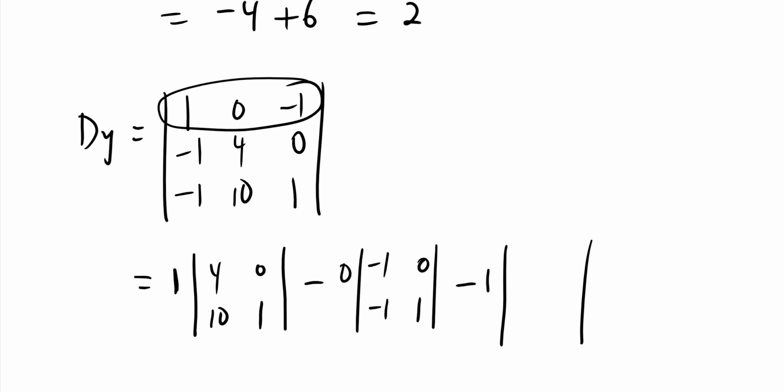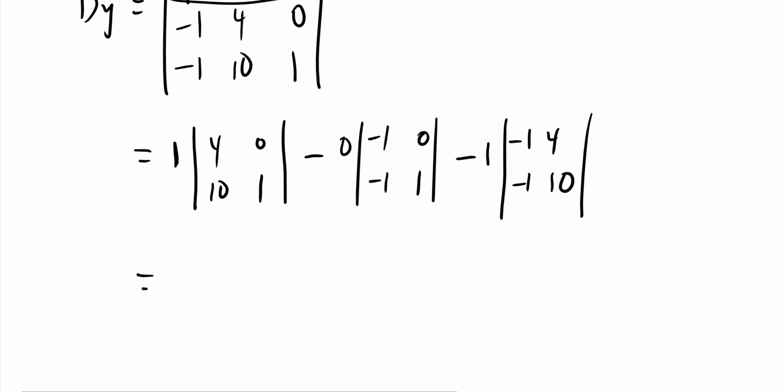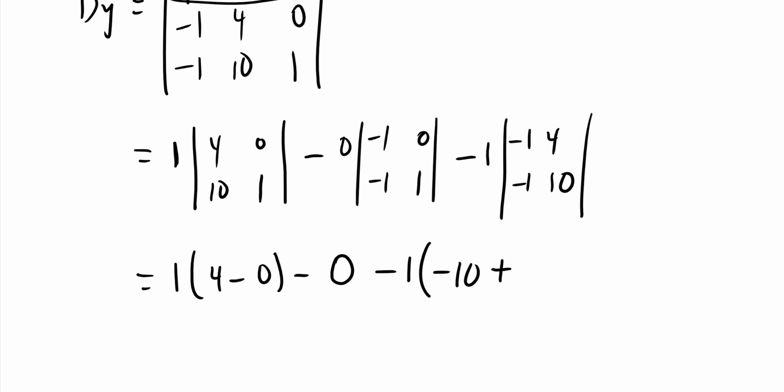It's a plus negative 1, negative 1, 4, negative 1, 10. Now we're going to simplify this. 4 minus 0, minus 0, minus 1, negative 10 plus 4. This is 4 plus 6. So it's 10. We found dy.